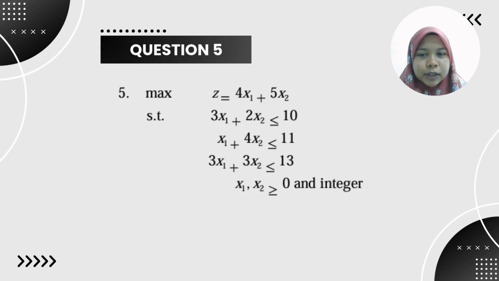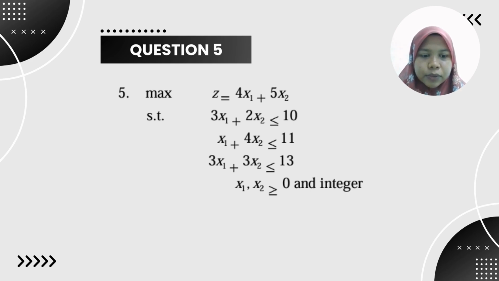Hi everyone, so I'll continue with question number 5. Question number 5, the problem is to maximize the objective function z equal to 4x1 plus 5x2, where we are subject to the following constraints: 3x1 plus 2x2 less than or equal to 10, x1 plus 4x2 less than or equal to 11, 3x1 plus 3x2 less than or equal to 13, x1 and x2 are greater than or equal to 0, and x1 and x2 are integers.